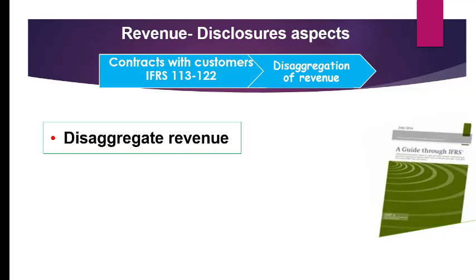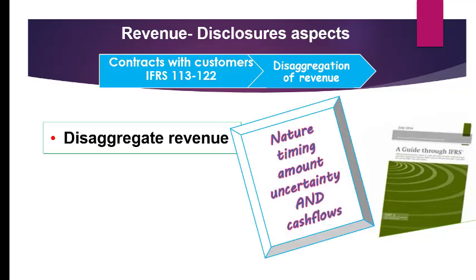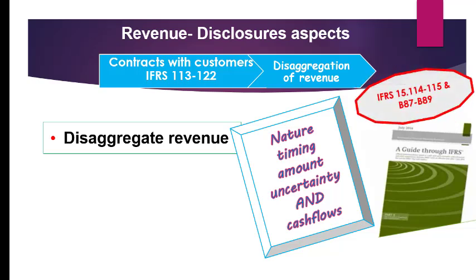What needs to be understood is the manner in which it is affected by economic factors. There's further guidance in paragraphs B87 to B89, where you are given guidance in selecting the categories to disaggregate.